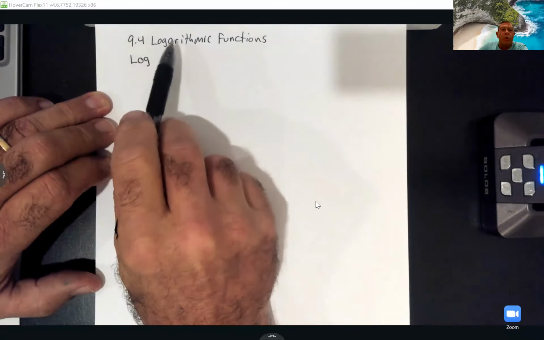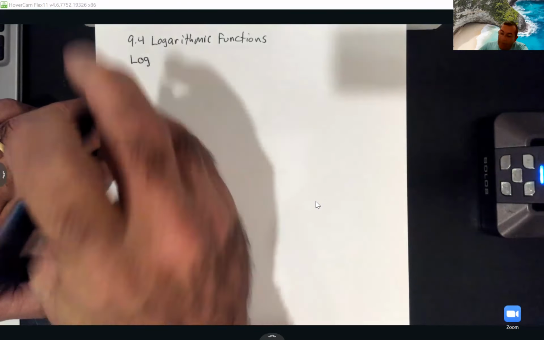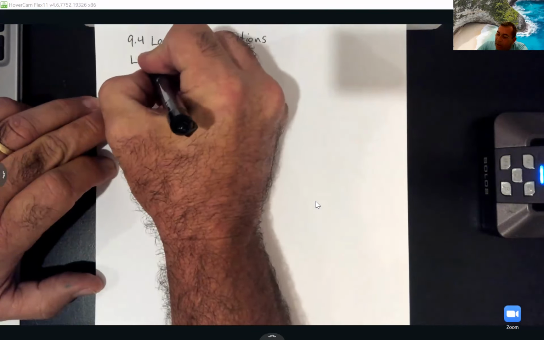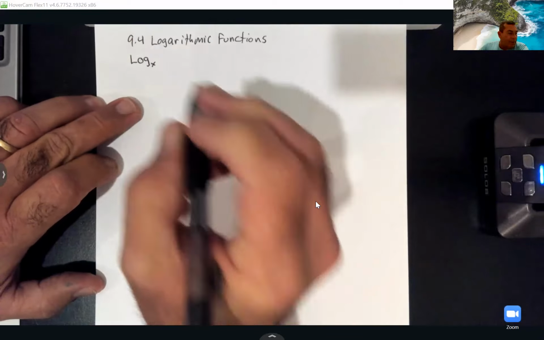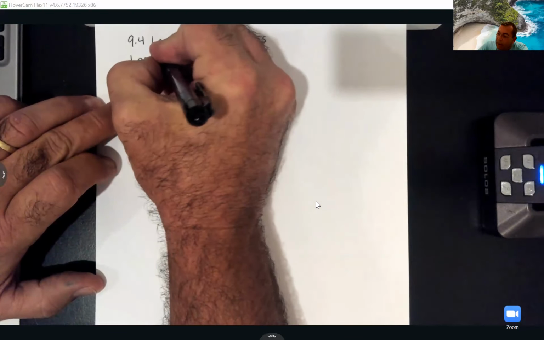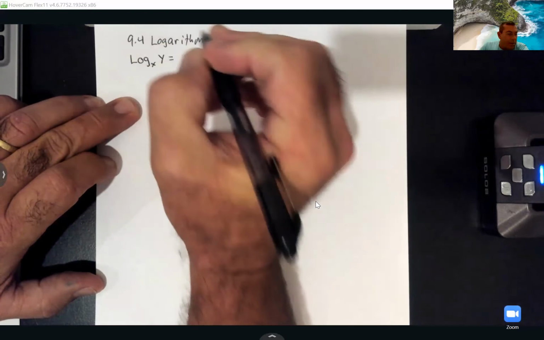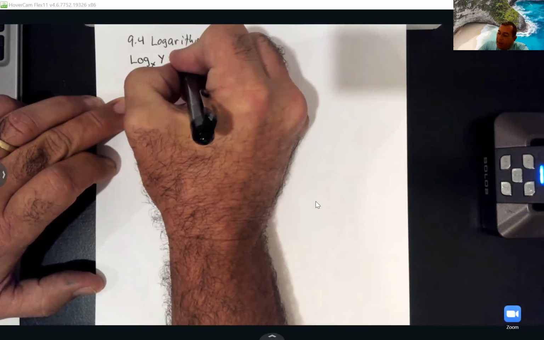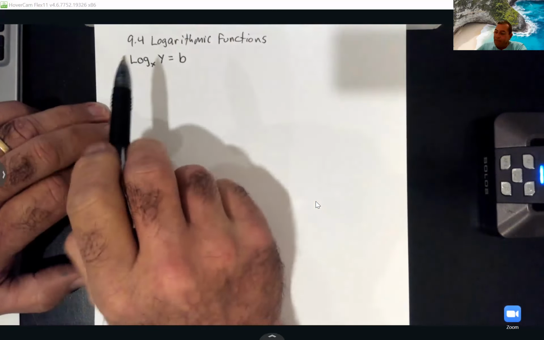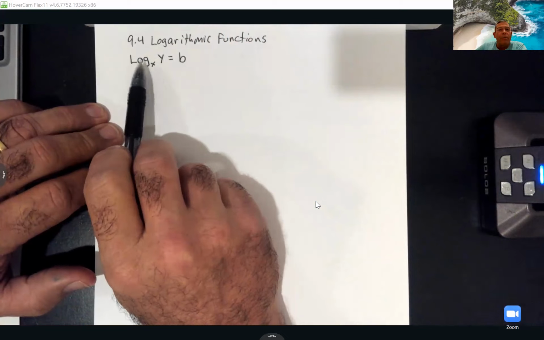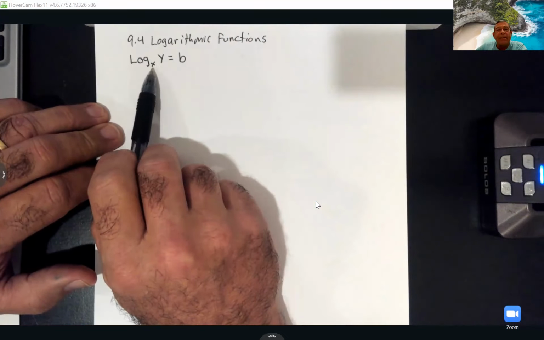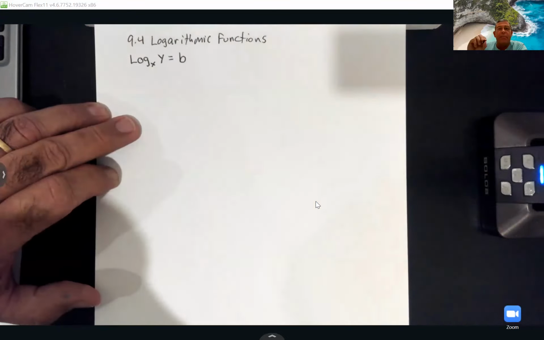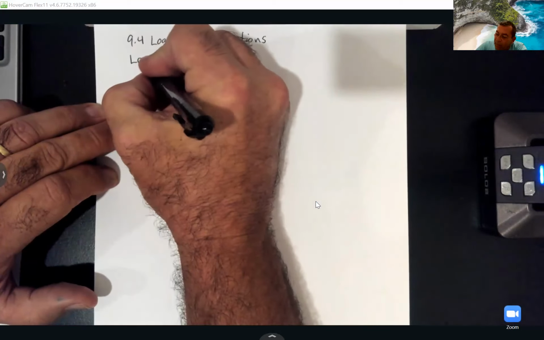So log is short for logarithm. So you'll have a subscript and then another number. So the logarithm, where I got the x, that subscript is the base of the logarithm.